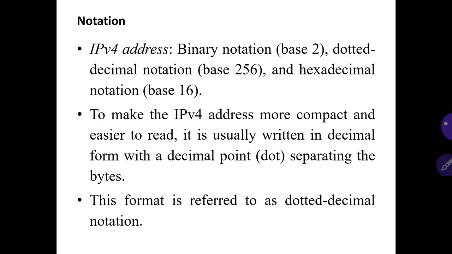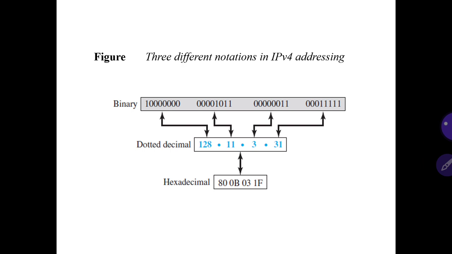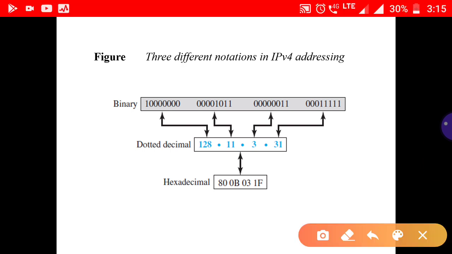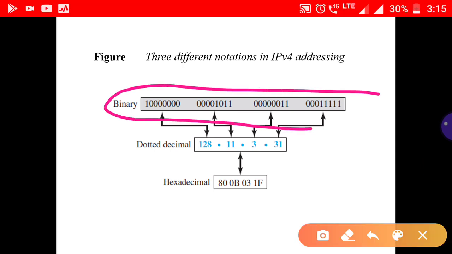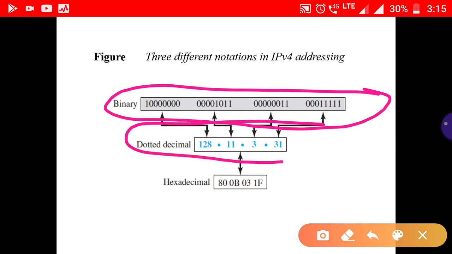Each byte of 8 bits will be represented as a number from 0 to 255, each number separated with a dot. So we represent the IPv4 address in binary form, dotted decimal form, and hexadecimal form.